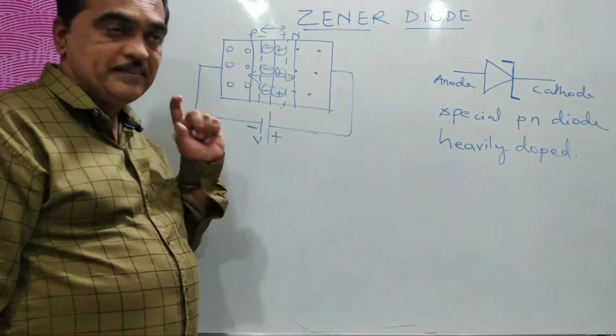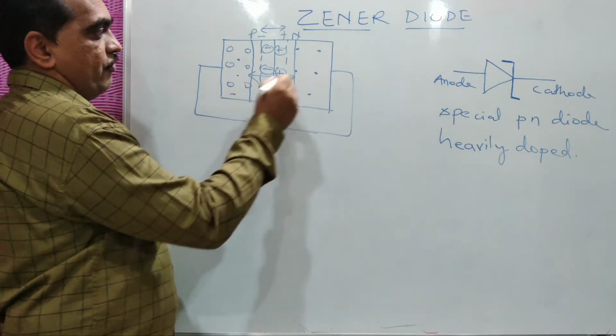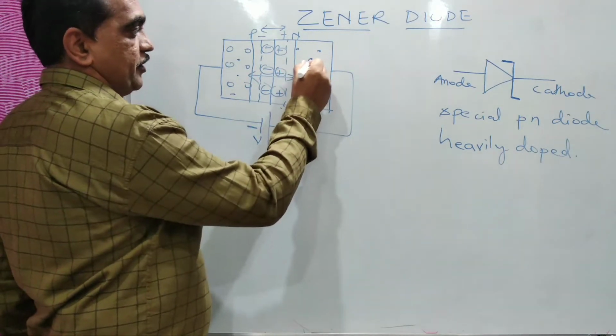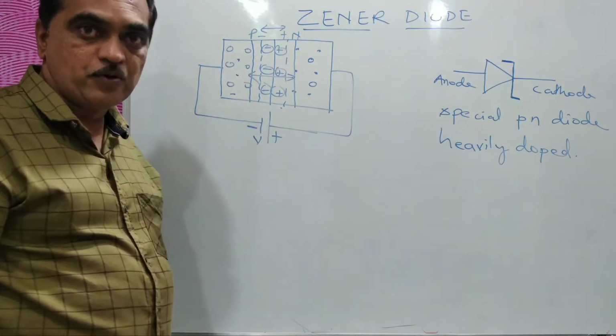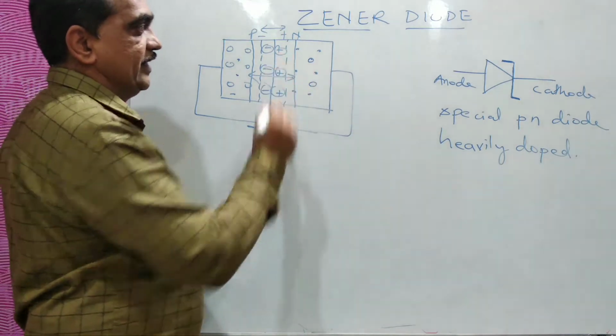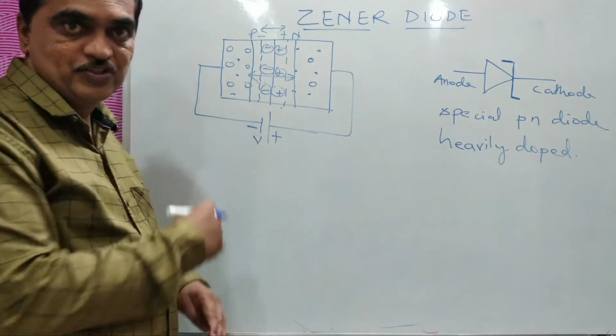Then we see that the minority charge carriers of both the semiconductor materials, for example electrons in P-type and holes in N-type, start crossing the junction.